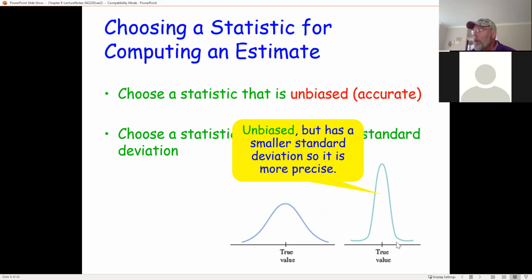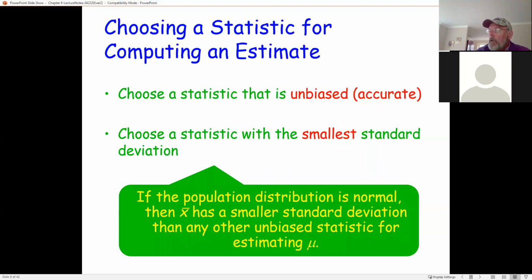And so this here, the one on the right, is the best of the three because it's unbiased and has a small standard deviation for more precision. All right.